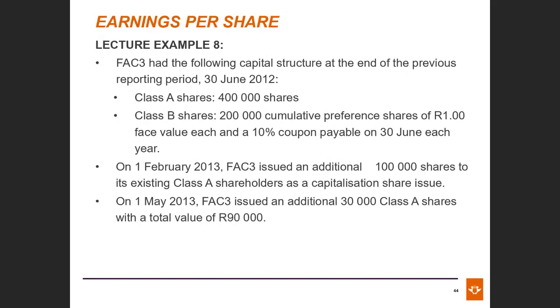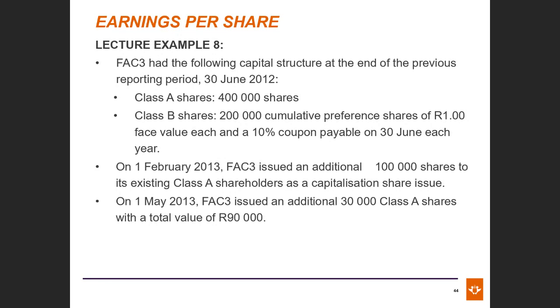On 1st of February 2013, FAC3 issued an additional 100,000 shares to its existing Class A shareholders as a capitalization share issue. On the 1st of May 2013, FAC3 issued an additional 30,000 Class A shares with a total value of 90,000.